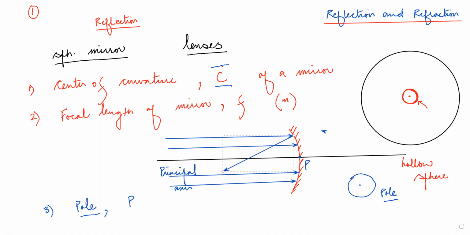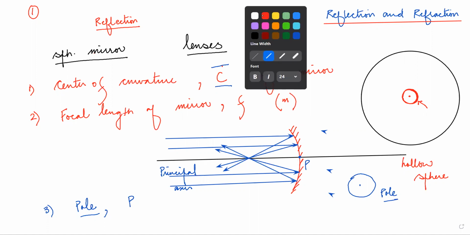All the rays will be reflected back through the same point. This point is known as the focal point. We can represent it as F.